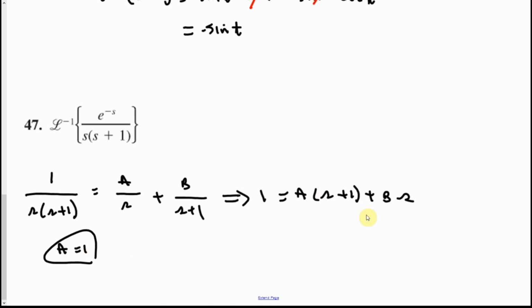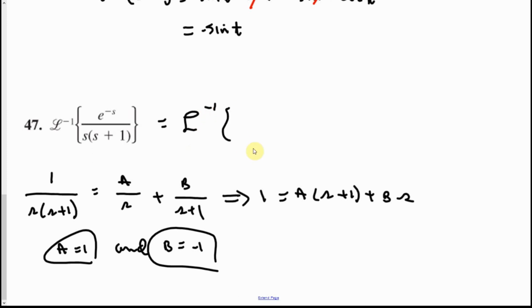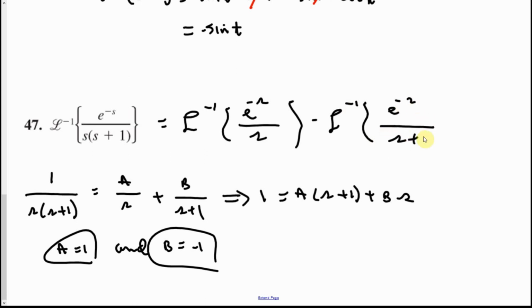And if you let s equal -1, you get b is equal to -1. Okay, so we can break this down. This is the inverse transform of e to the negative s over s, minus the inverse transform of e to the negative s over s plus 1.